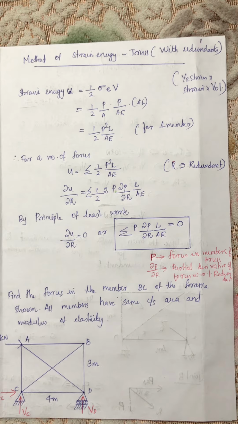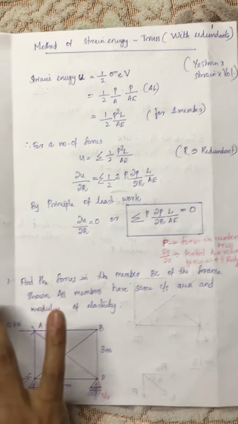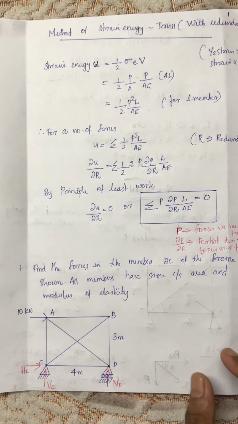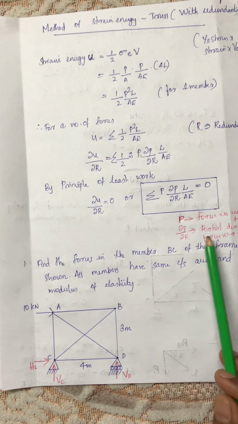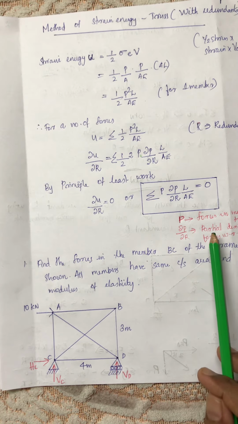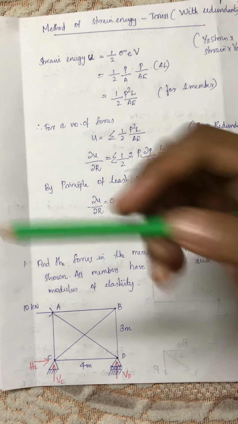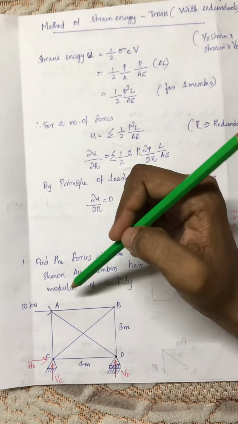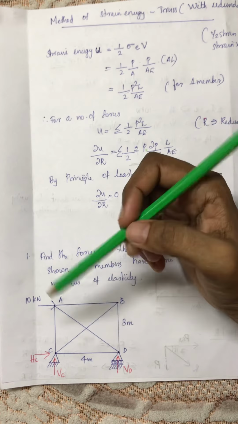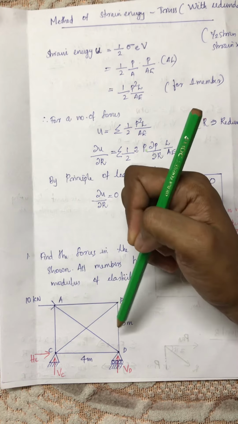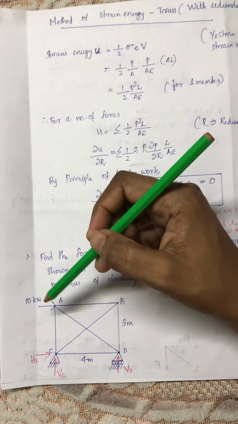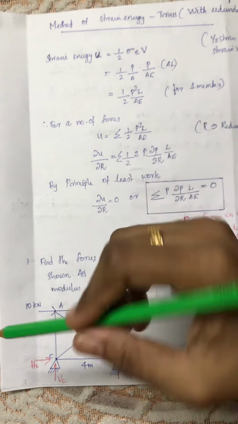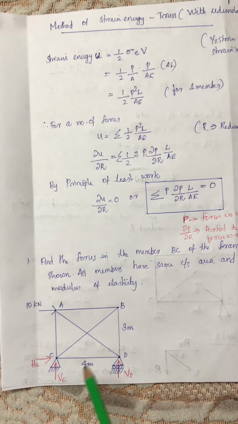Okay, so let's solve a problem: find the forces in the members of the truss shown, including member BC. All members have the same cross-sectional area and modulus of elasticity. You can see a truss here, and the members are AB, BD, DC and CA, and also AD and BC, where one end is hinged and the other end is roller supported.